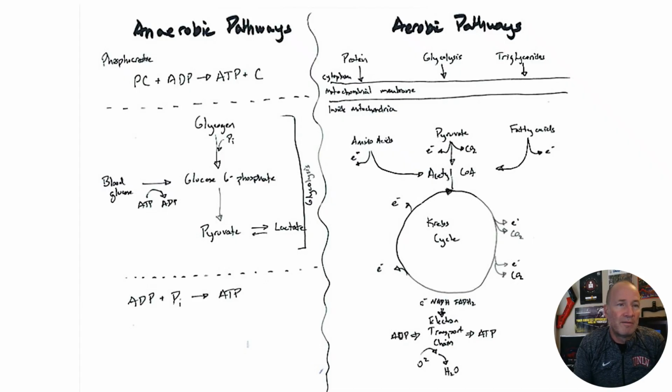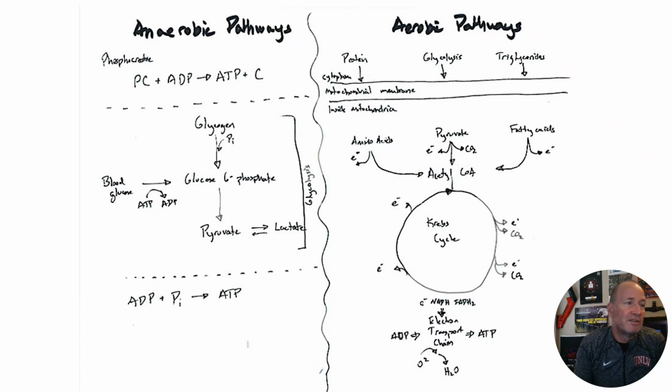There's an anaerobic pathway of taking carbohydrate or glycogen and transforming that down to ultimately lactate.